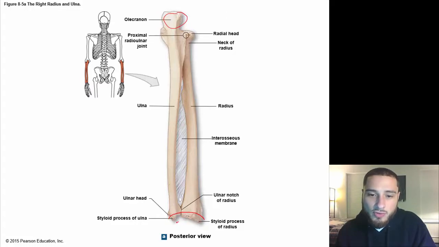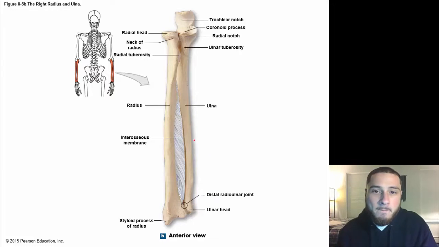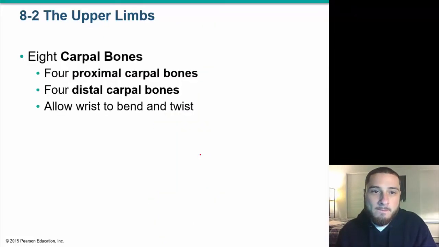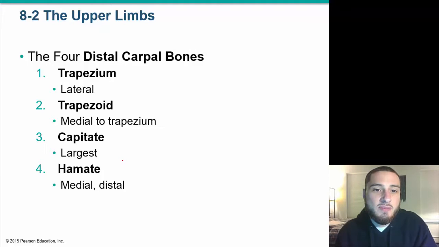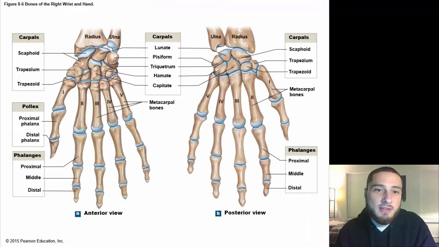All right, so here you're going to see the carpals. You have 8 carpal bones on each wrist. The scaphoid, the lunate, the triquetrum, the pisiform, the trapezium, the trapezoid, the capitate, and the hamate. All right, these are our carpals.